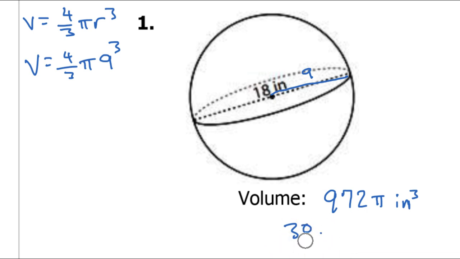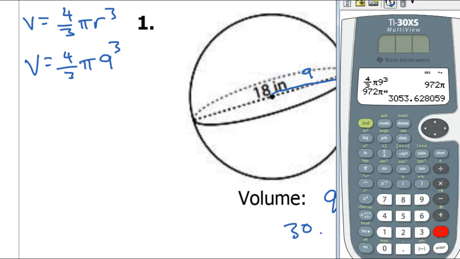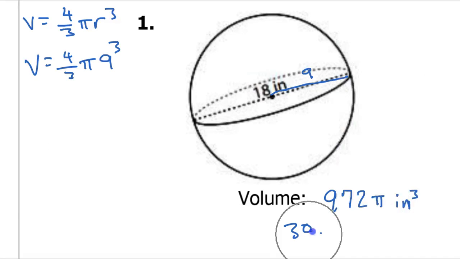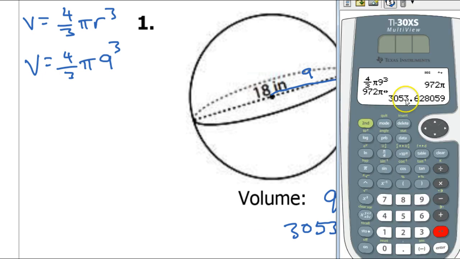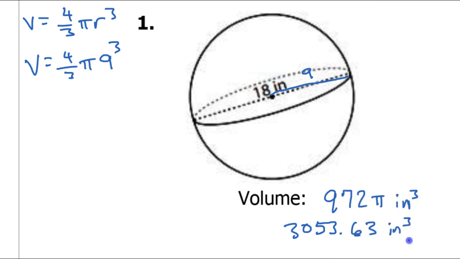Did I say 3,000 or did I mean 30? Yeah, no, 3,053. All right, there it is.